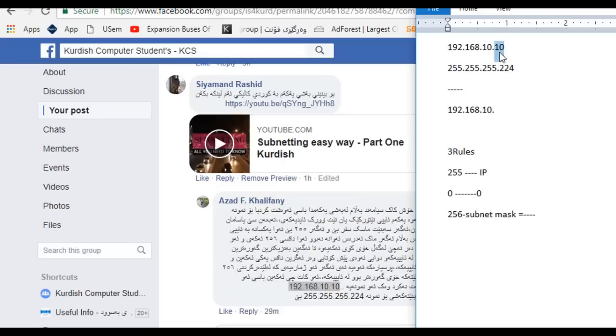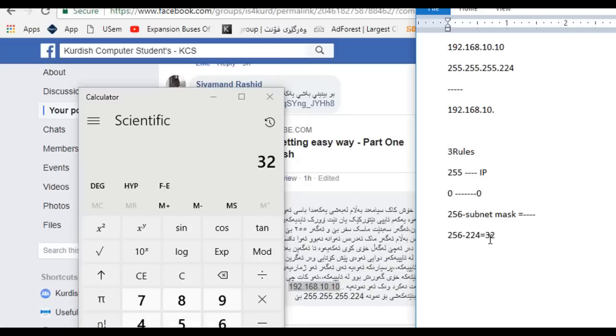And the number we get, we do the increment. Let me write it down. 256 minus 224, we get 32, and 32 is already bigger than our IP address. And according to the third rule, we use the number before the last number, but we have only one number, which is already bigger than our IP address, so the number before it is 0.